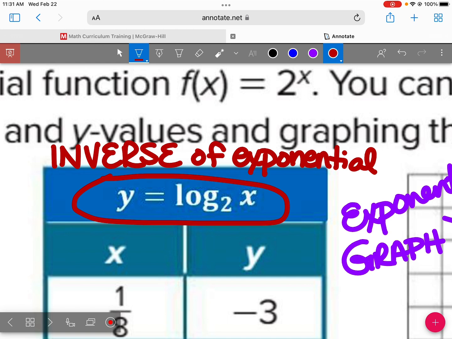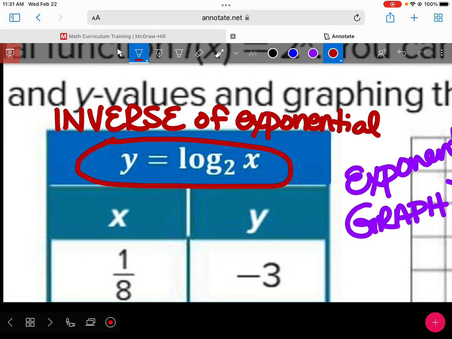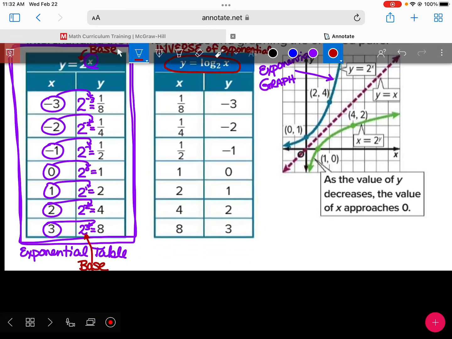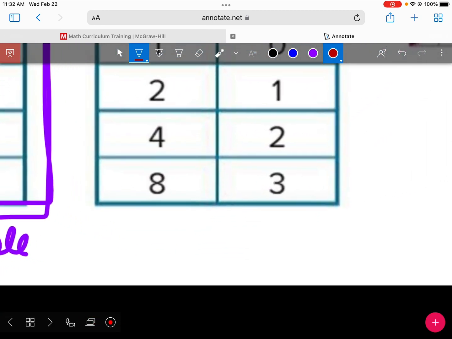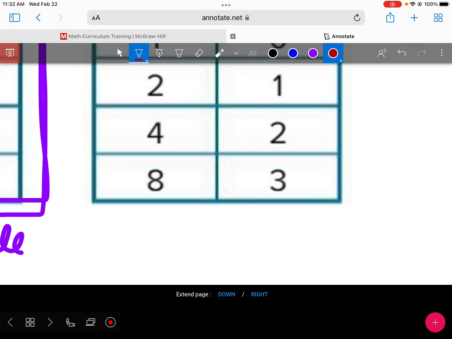What are we switching? The x and the y, just like we did on the bell work. This is the inverse, so we switch the x and the y columns. The question I have is, will it be rotated over x-axis or y-axis? Neither. It's actually reflected over this line, y equals x. So it is a reflection, but it's not over x or y.